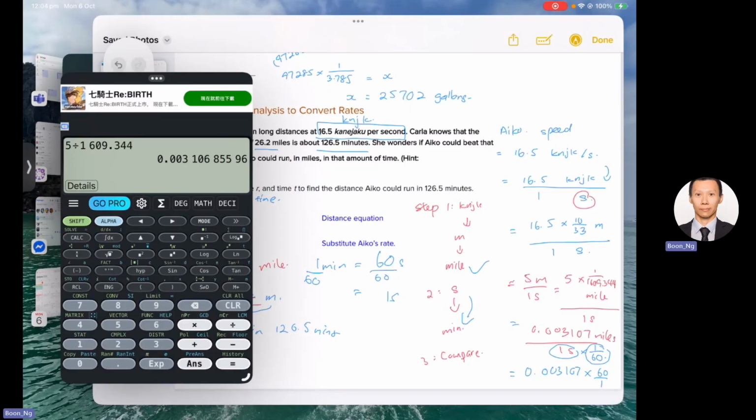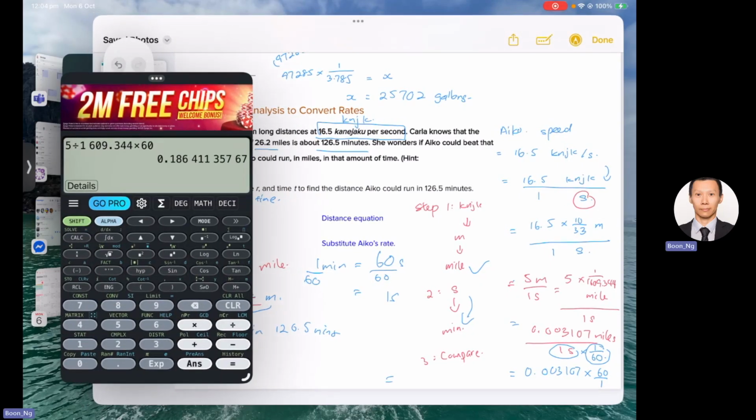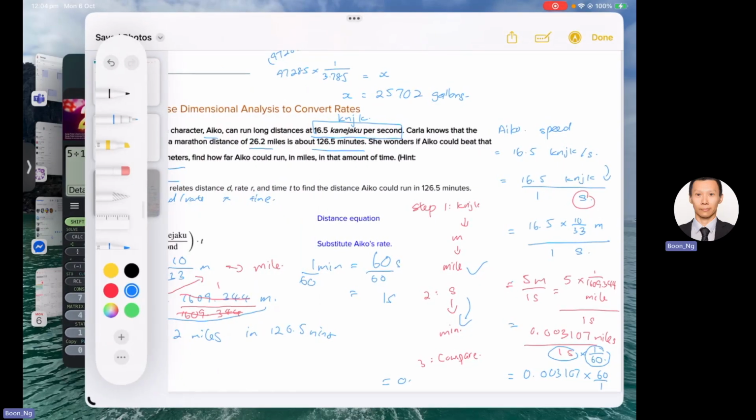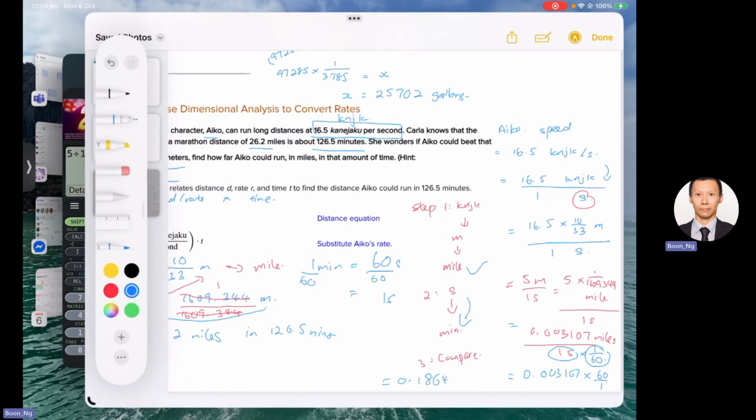So times 60, and that is equal to 0.1864 miles.